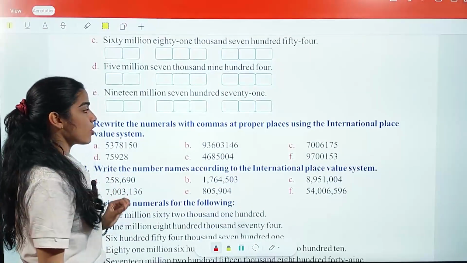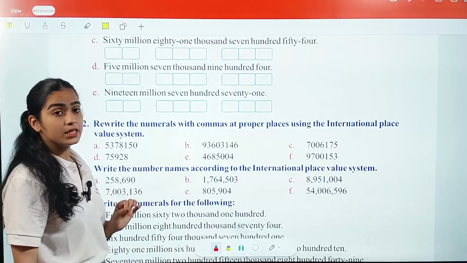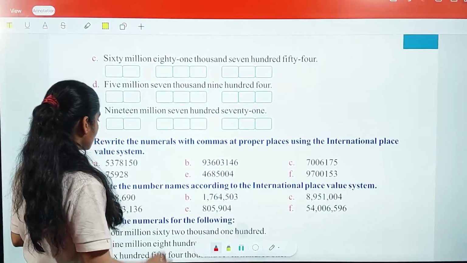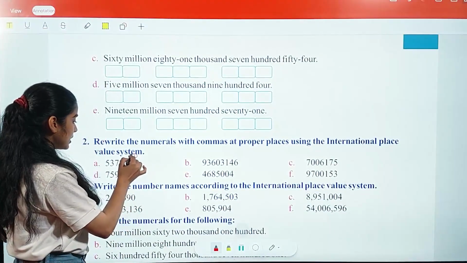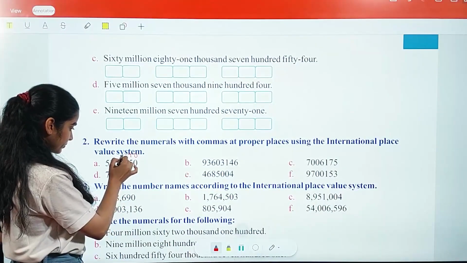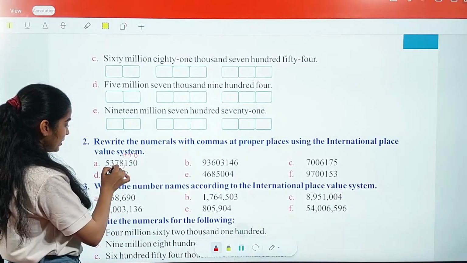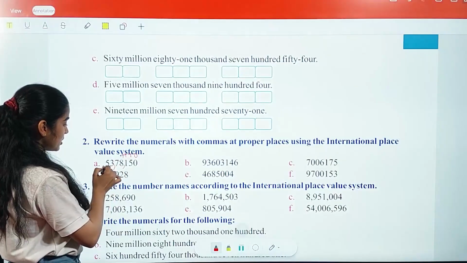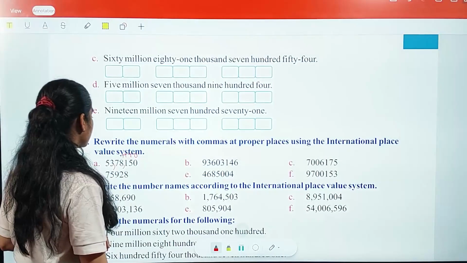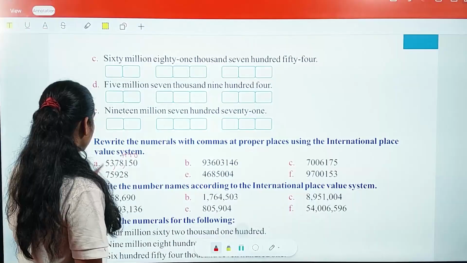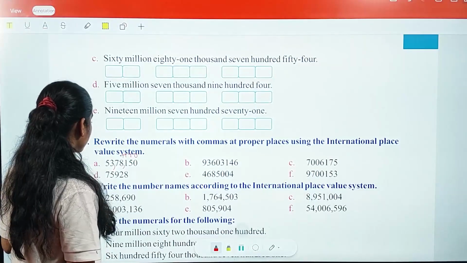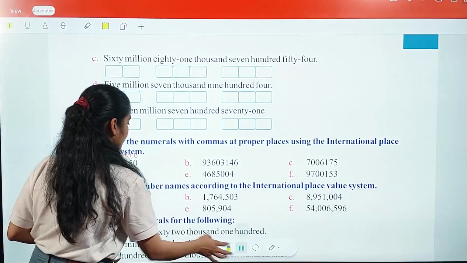Rewrite the numerals with commas at proper places using the international place value chart. So this is ones, tens, hundreds. Then 78. So this is 53,000,855,035.